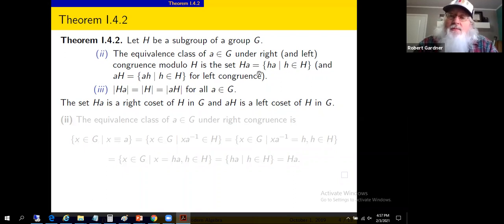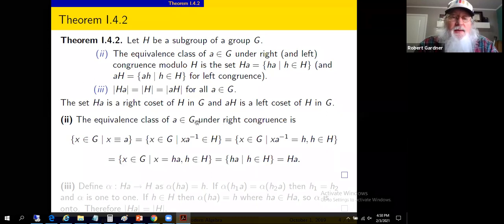We talked about this earlier. The equivalence class of a under left congruence modulo H is the left coset. So right congruence, right cosets. Left congruence, left cosets.